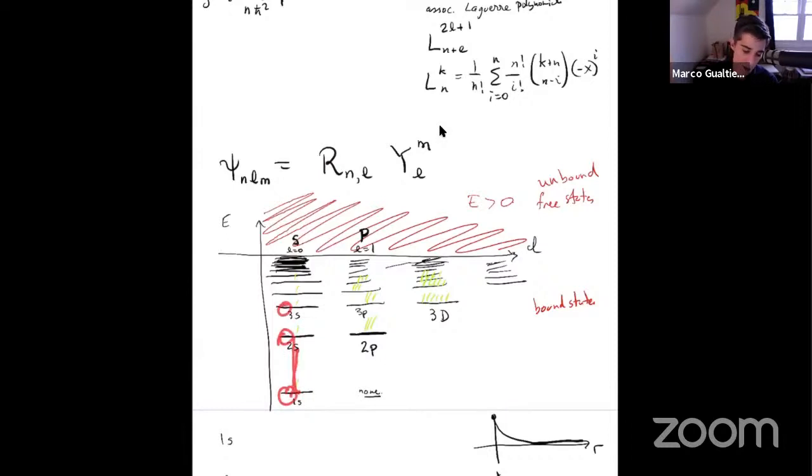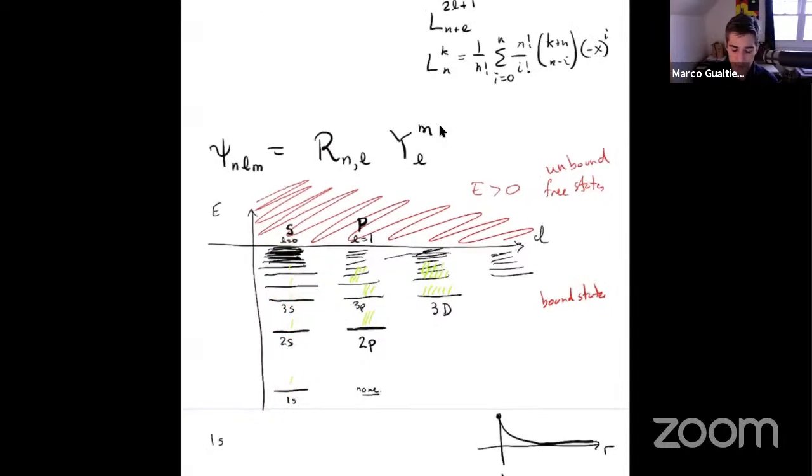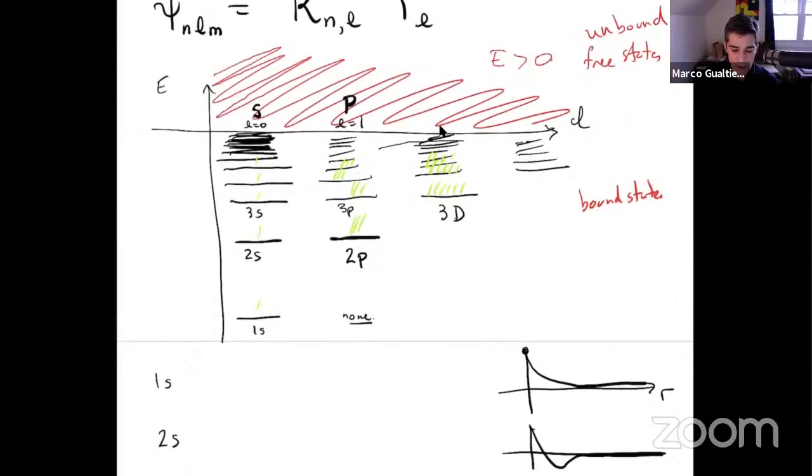And as you can see, they're accumulating towards 0, and they behave like 1 over n squared. And so what that means is that the electron might be in such a state.